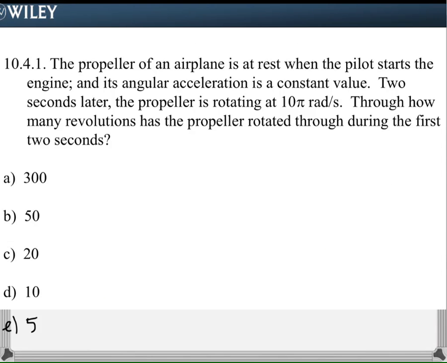So one example: a propeller of an airplane is at rest when the pilot starts the engine, and its angular acceleration is a constant value when you start the engine. 2 seconds later, the propeller has an angular velocity of 10 pi radian per second. Through how many revolutions has the propeller rotated during the first 2 seconds? That means, what is theta in terms of revolutions?